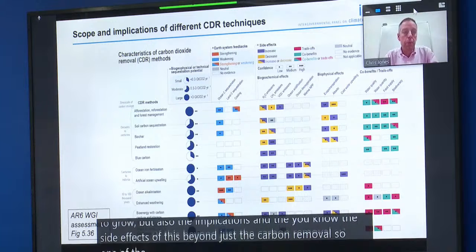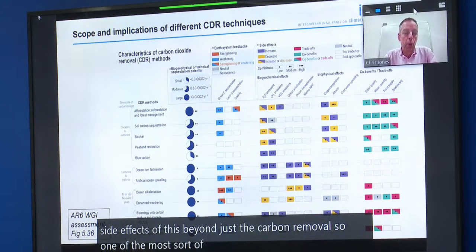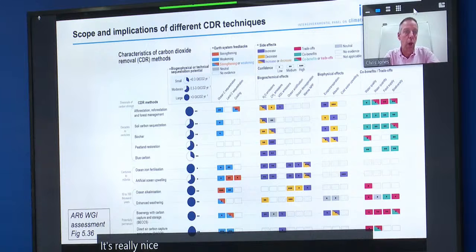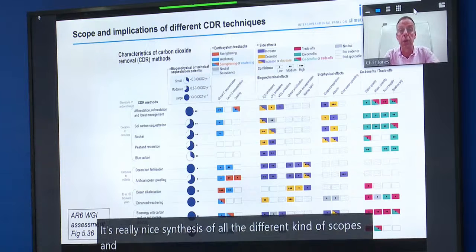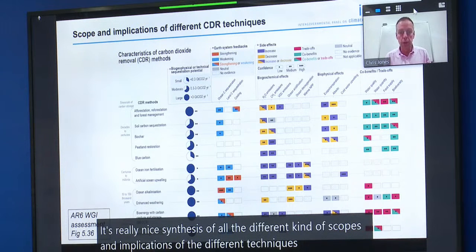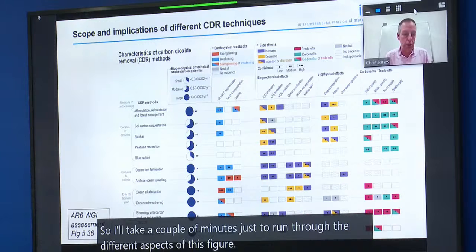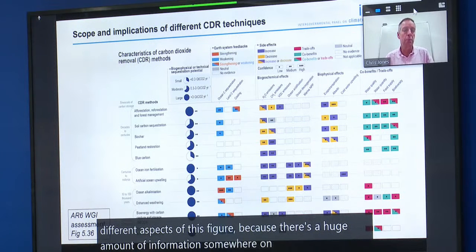So one of the most important figures in the IPCC Working Group 1 report pertaining to CDR is this really nice synthesis of all the different scopes and implications of the different techniques. So I'll take a couple of minutes just to run through the different aspects of this figure, because there's a huge amount of information summarized here.